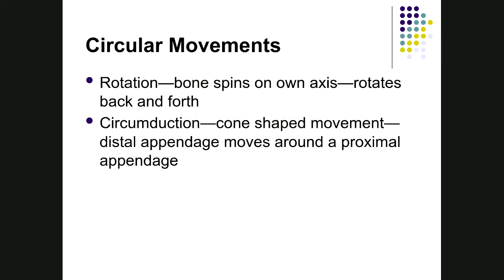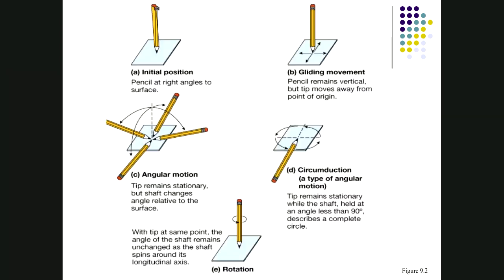And then we have circular movements. There are two types of circular movements. One of them is a spinning movement, that's called rotation. And one of them is sort of like windmills, cone-shaped, and that's circumduction. So this is rotation. It's just spinning.